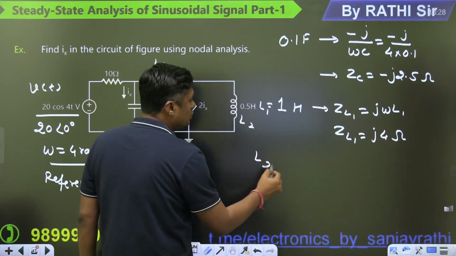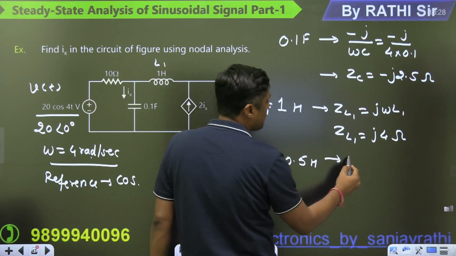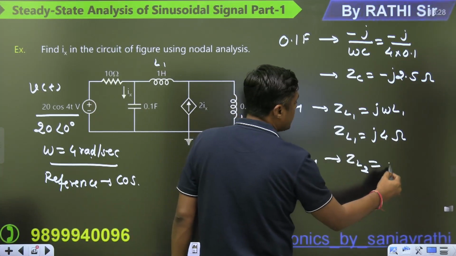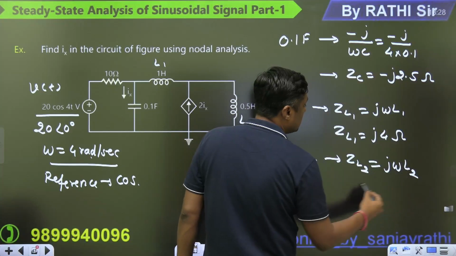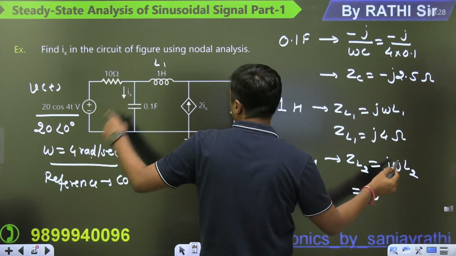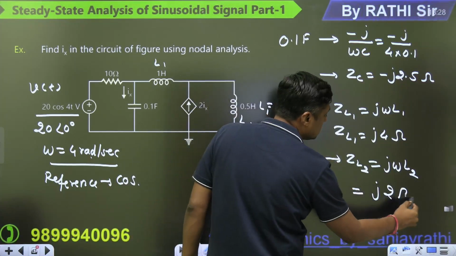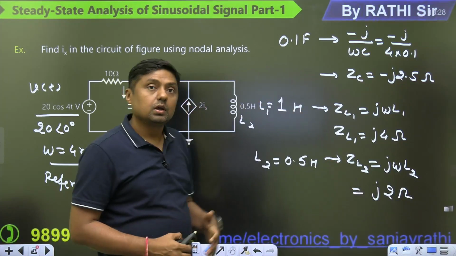Similarly, what is L2? 0.5 Henry. ZL2 is J omega L2. What is the omega? 4. And 0.5. So 4 into 0.5 is 2 ohm, J2 ohm. Now you have the values.